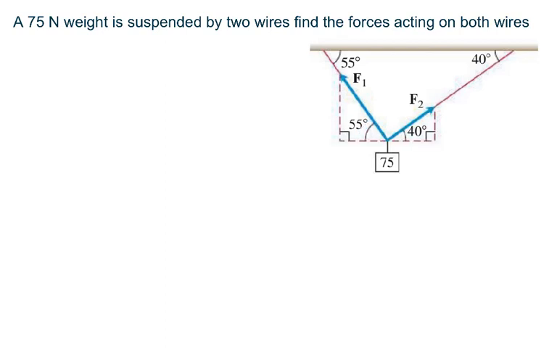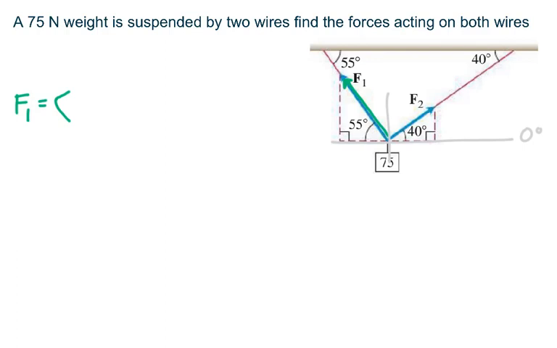So the first thing I want to do here is represent my two forces, force 1 and force 2, as component vectors. Well, force 1, and if we think about putting a coordinate plane in here, we've got 0. Force 1 being in quadrant 2 can be represented as a horizontal and a vertical component.